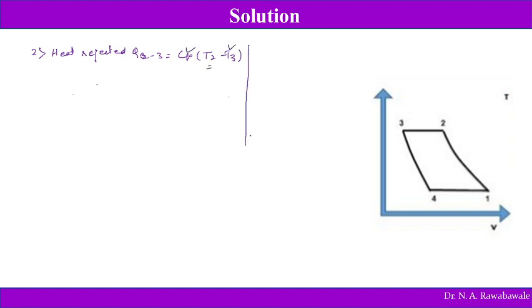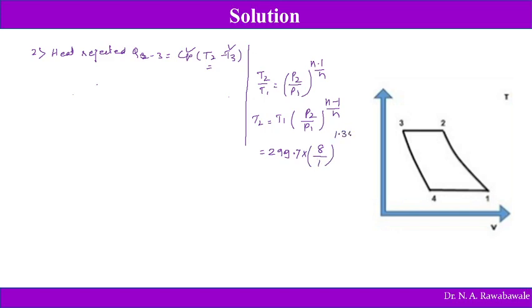To find out T2, T2 divided by T1 is equal to (P2 divided by P1) to the power of (n minus 1) divided by n. So T2 is equal to T1 into (P2 divided by P1) to the power of (n minus 1) divided by n. So T1 is 279.7 into P2 is 8 divided by P1 is 1, to the power of (1.35 minus 1) divided by 1.35.